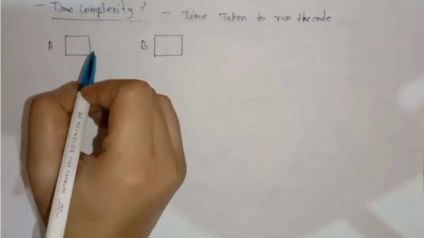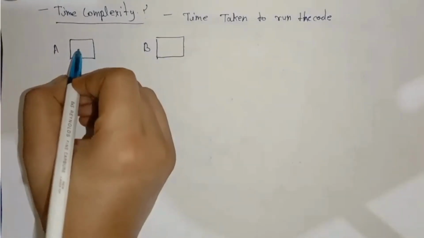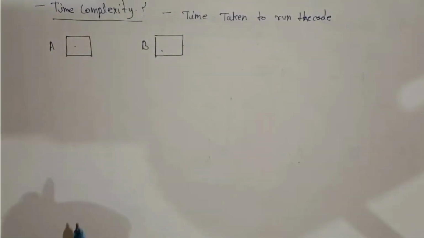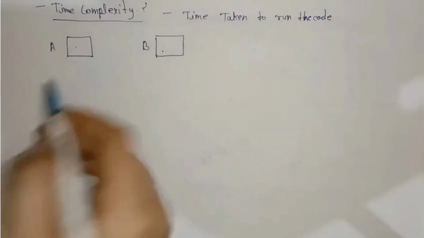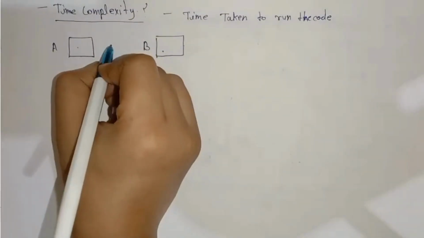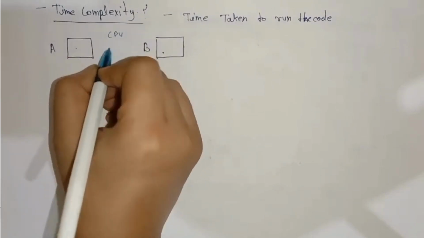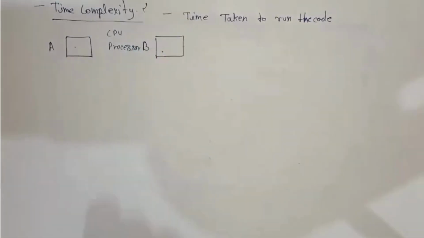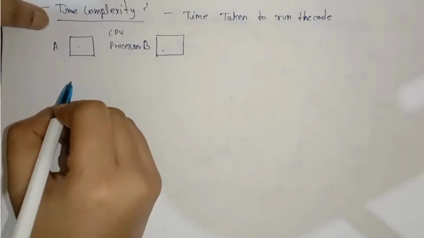Is there any difference between the MacBook and the Dell? Yes, there is a difference between a 10-year-old Dell and a 1-year-old MacBook. There is a difference in CPU and processor, and you know that our code is going to run based on this also.